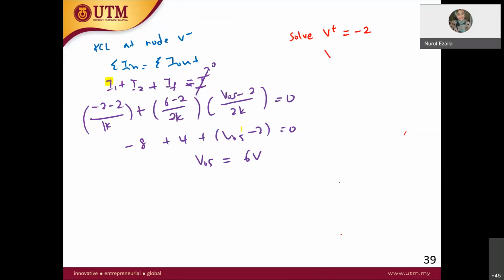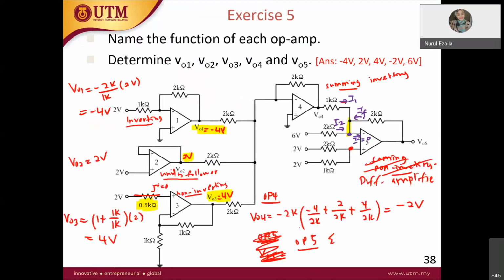If you take the condition V plus equal to V minus, therefore V minus is equal to minus 2 volt as well. Do you know how to solve V plus? Of course you know. Solve V plus using another KCL at node V plus.